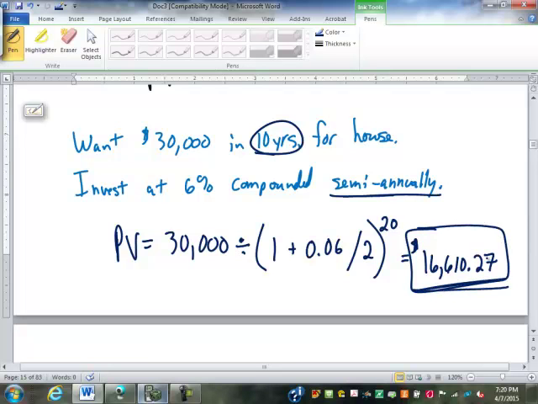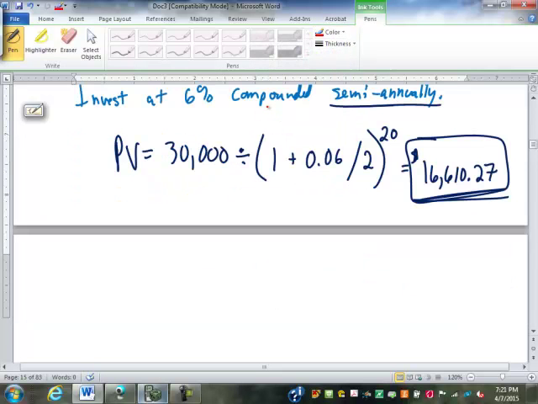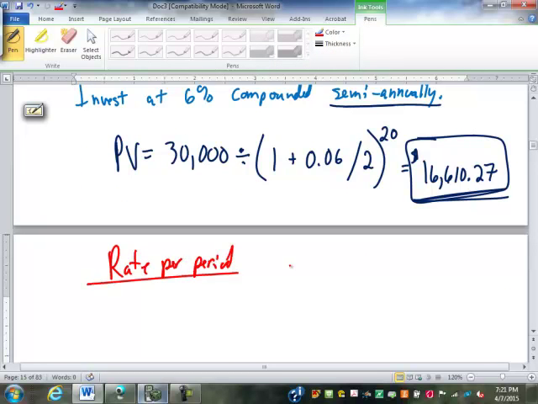So that's how much we would need to start with. Well, let's see what the chart tells us. On the chart, we need two things. Rate per period, which is going to be how much? 6% divided by 2, because there are 2 periods in a year. So 3% is our rate per period.